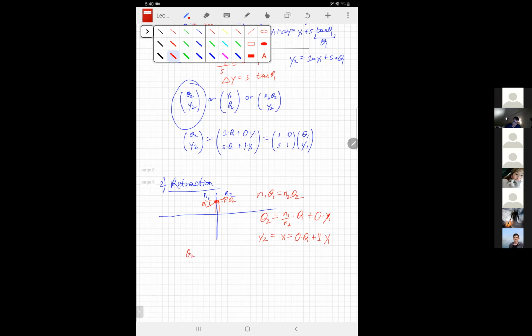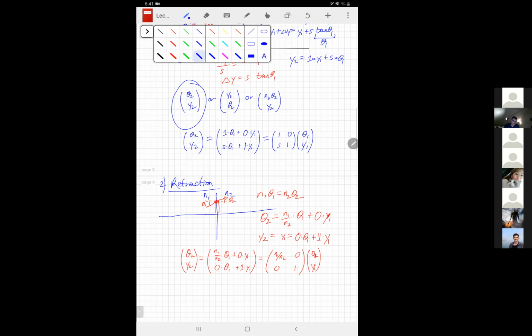So what I'm left with is theta 2, y2 equals n1 over n2 theta 1 plus 0 y1, 0 times theta 1 plus 1 times y1, or the matrix n1 over n2, 0, 0, 1 acting on theta 1, y1.